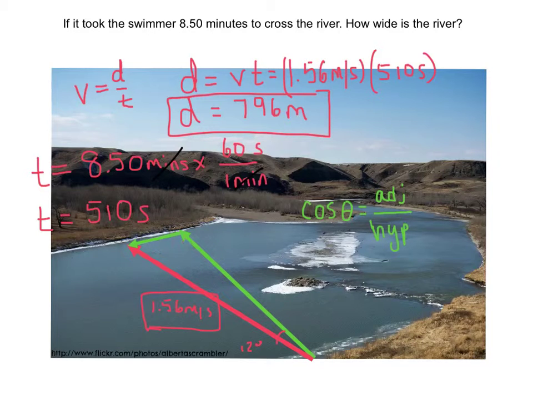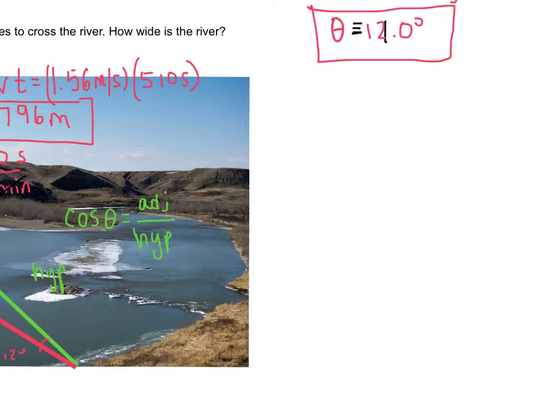So that's actually what I'm going to solve for. So I can rearrange this by multiplying both sides by the hypotenuse. Actually, I'm going to move that over here. All right, so the hypotenuse times the cosine of theta is going to be equal to the adjacent side there. I'll put that in parentheses.